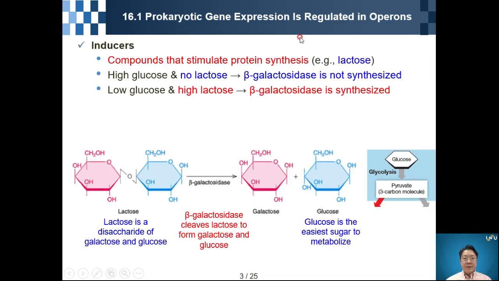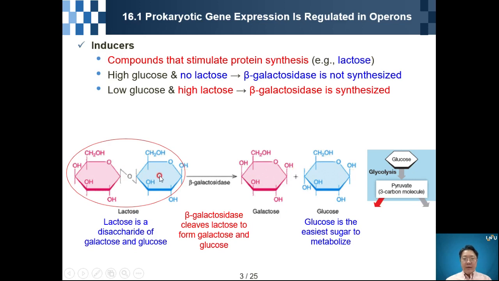In this slide, we will learn what an inducer is. An inducer is a compound that stimulates protein synthesis. A very good example is lactose. Lactose is a disaccharide of galactose and glucose, so it has 2 saccharides.